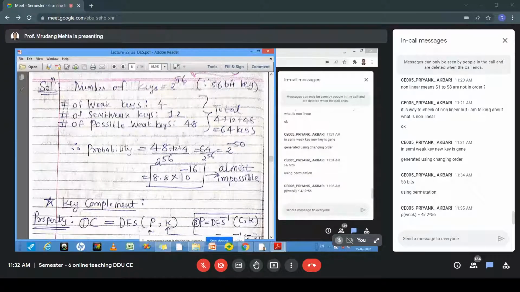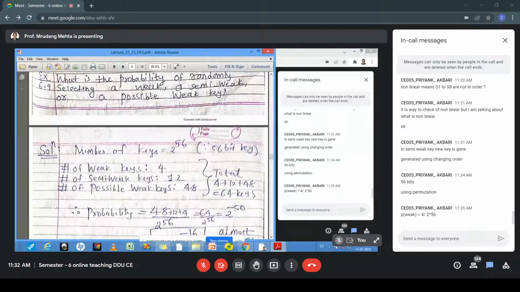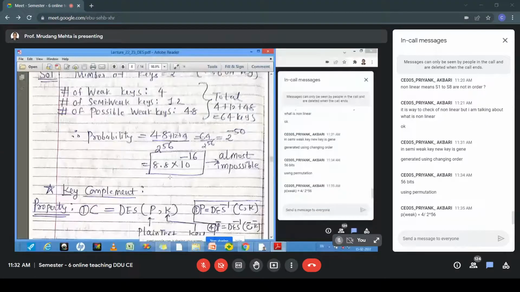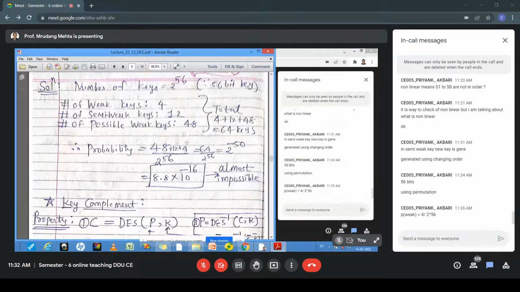And this is a very low probability. So it is almost impossible that if you apply DES, it will use a weak key. The chances that a weak key will appear are very, very less, or we can say it is almost impossible. Is that clear?